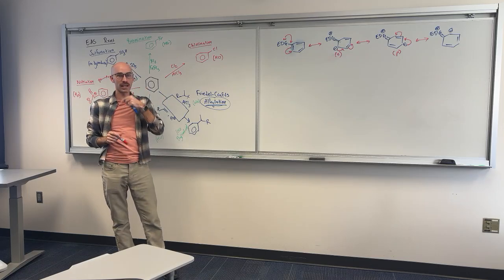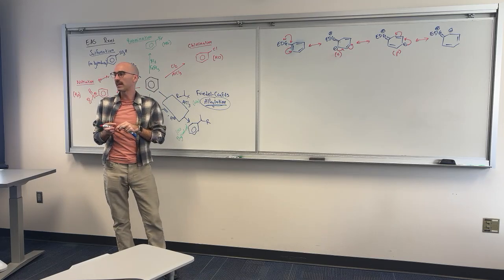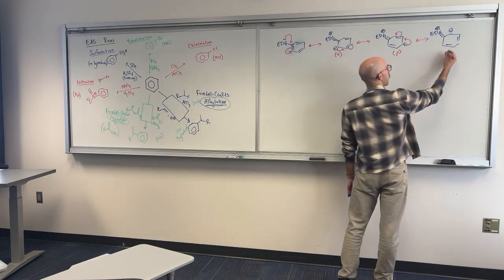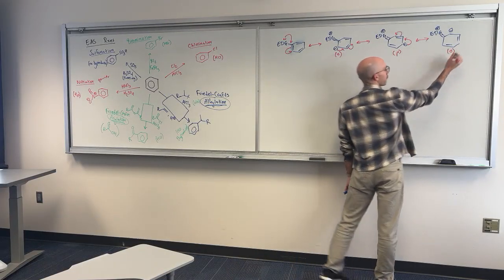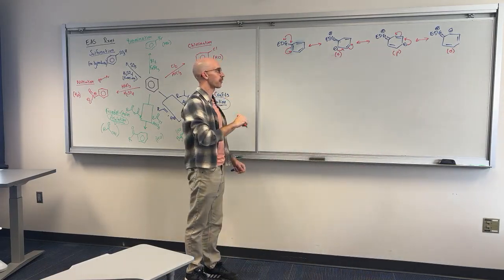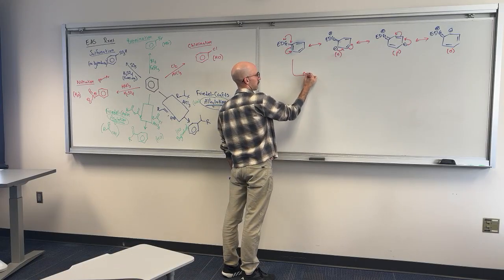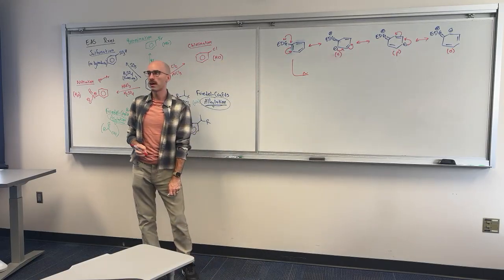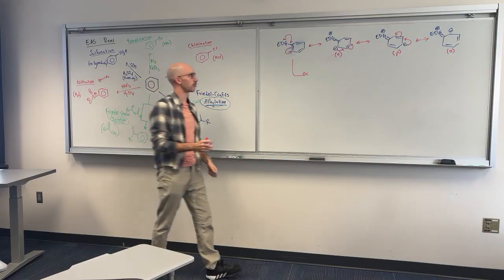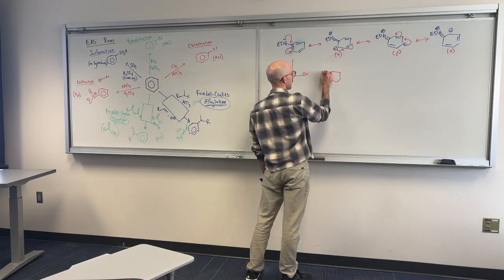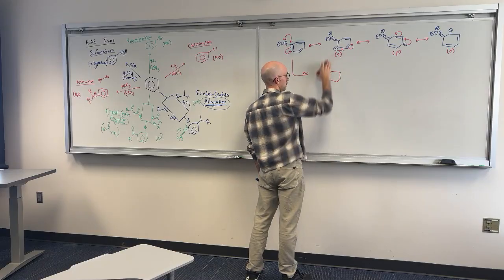What is the relationship of this lone pair in the last resonance form to the electron donating group? Ortho. Both ortho positions get a lone pair, and the para position gets a lone pair, which means that we can think of this ring like this.